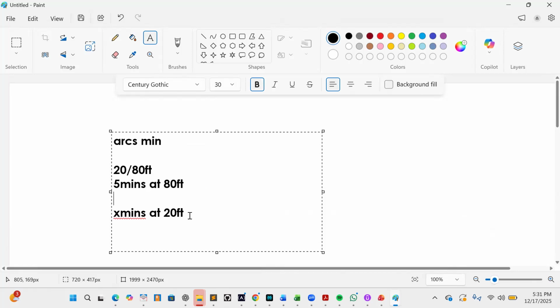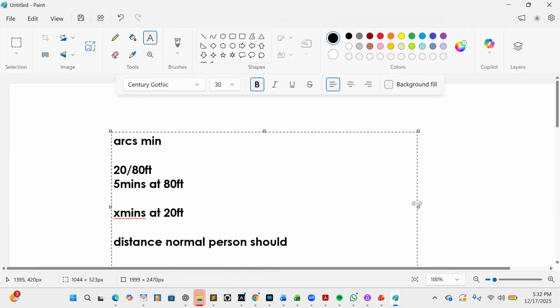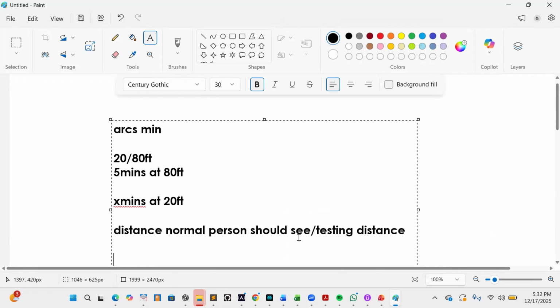Now, you want 20 feet. So at that 20 feet it is not 5 minutes again. How do you now divide this out? You divide the distance a normal person should see by the testing distance. So we now expect, you say at 80, divided by the testing distance of 20, that is 4.